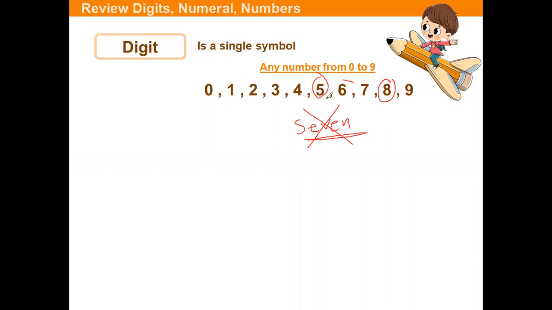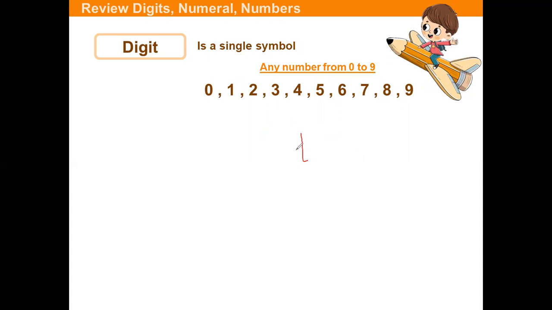So when I write a digit as a number, like 0, 1, 2, 3, 4, 5, 6, 7, 8, 9, as a number, it's a digit. Can it be as letters? No, it can't be. So 7 in letters is not a digit.